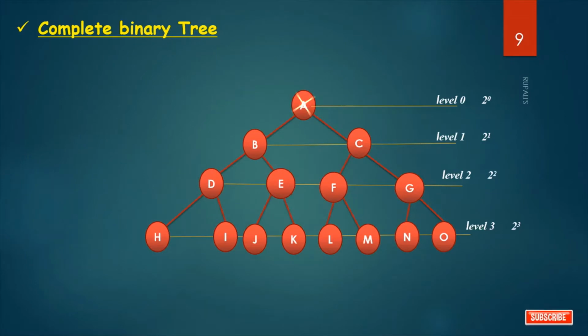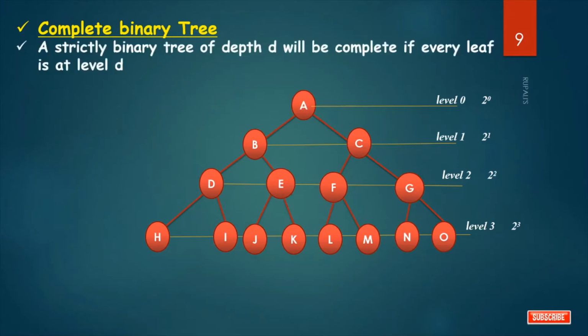Complete binary tree. A strictly binary tree of depth D will be complete if every leaf node is at level D. Means what? Complete binary tree is a strictly binary tree. So, for strictly binary tree, what is the degree of each node? Either 0 or 2.